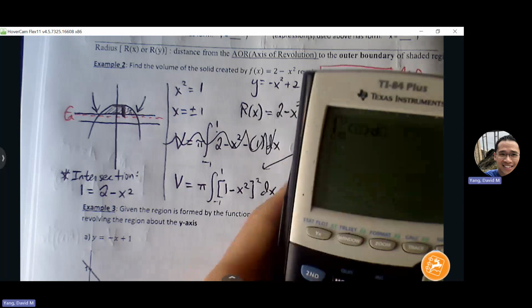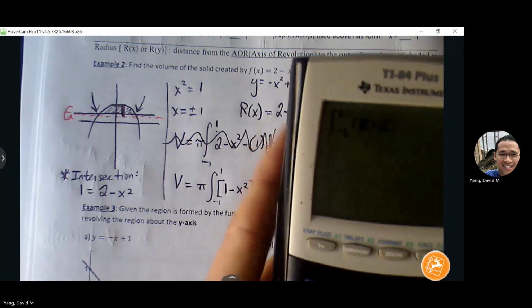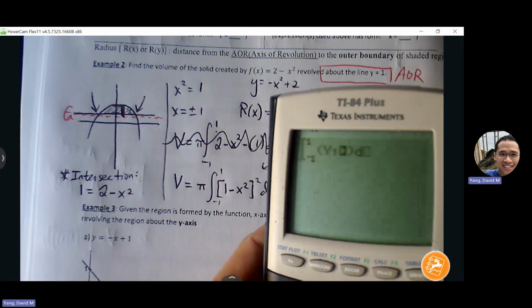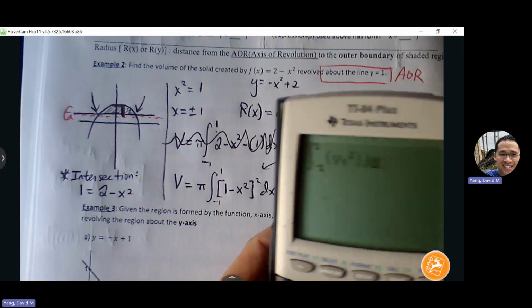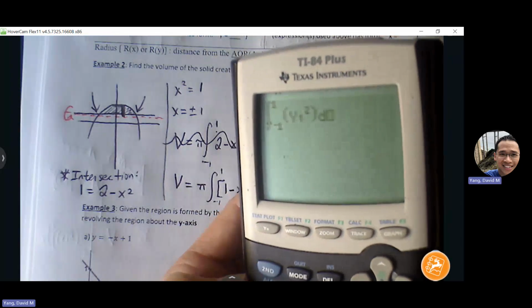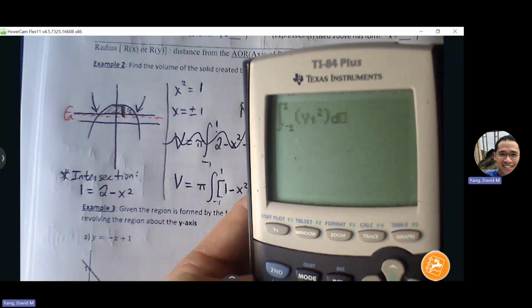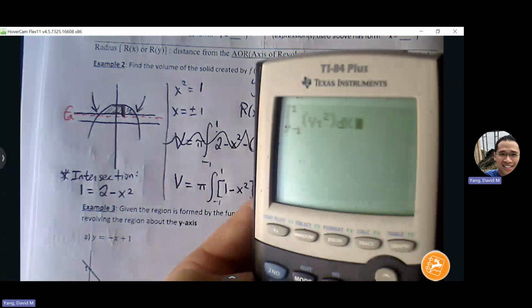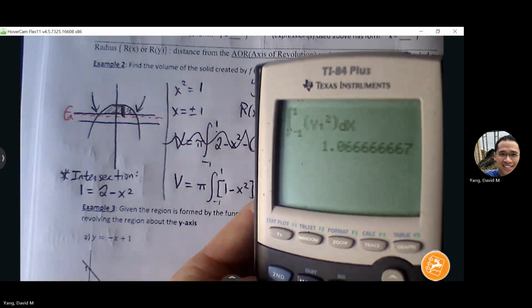So I'm going to go from -1 to 1. If I do var trace, I can select my y1. I'm going to square that. The nice thing about this method is fewer parentheses are needed because everything is stored elsewhere. dx. Again, I'm purposely leaving pi out of my integral.